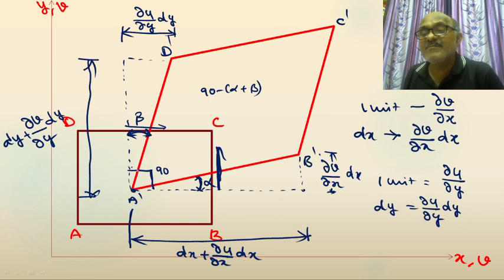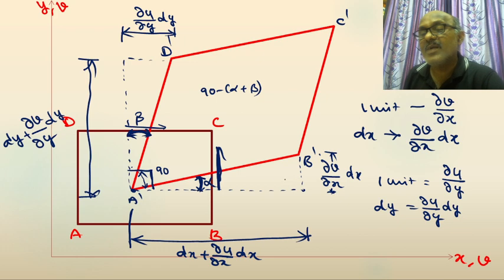After that it is displaced like this. So what is the change of angle between the two mutually perpendicular planes? That is called the shear strain. Now in this direction it is displaced by alpha, in this direction it is displaced by beta. So shear strain is nothing but alpha in the y-axis direction and beta in the x-axis direction.